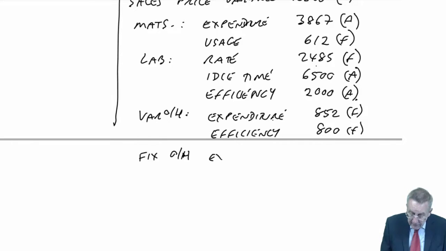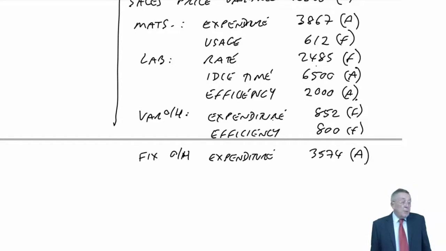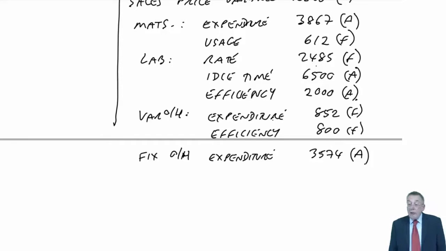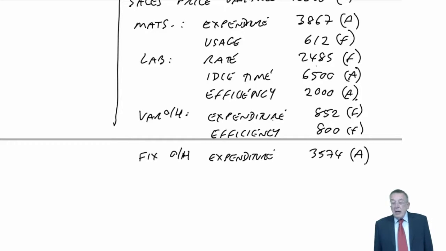The difference between the two was 3,574. And again, whether it's marginal or absorption, if you spend more, obviously you've made less profit. However, there is one extra little problem when we're doing absorption.